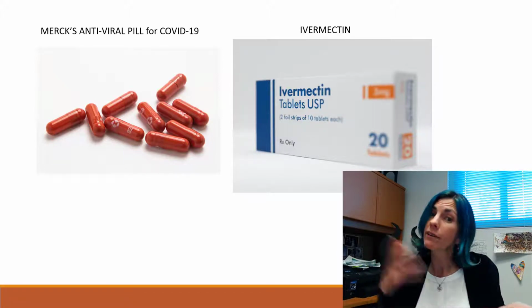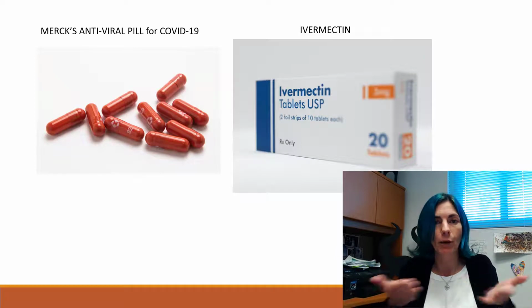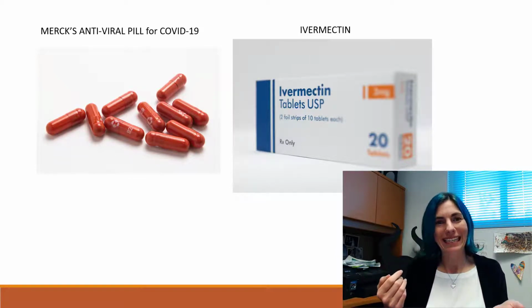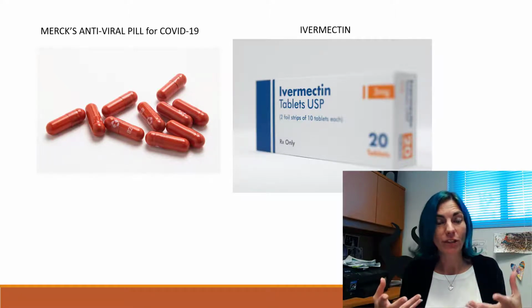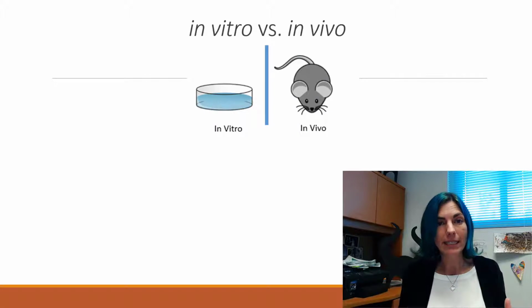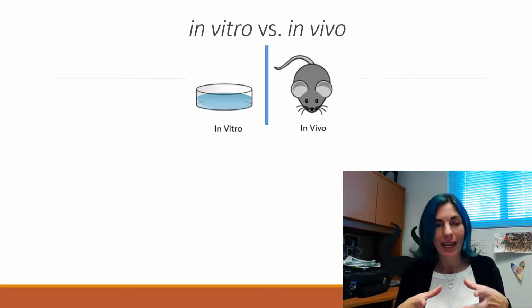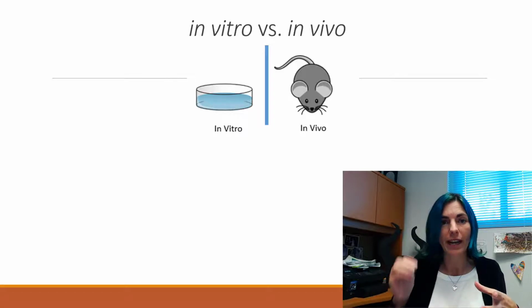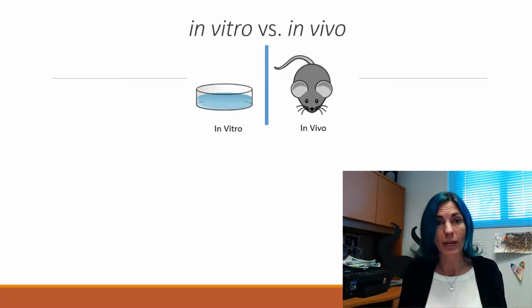Worms are totally different than viruses, so you would not think that there would be crossover there. But the reason why ivermectin was even brought up in the first place was because there was some evidence that ivermectin worked in a petri dish. In other words, if you culture human cells in a petri dish, infect them with COVID, and then use ivermectin, it seems to inhibit viral replication.